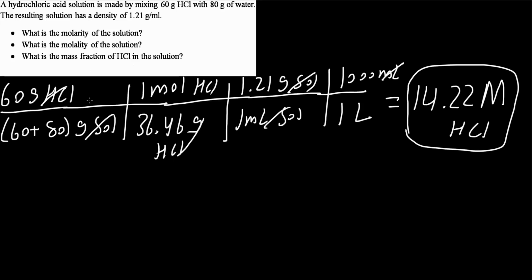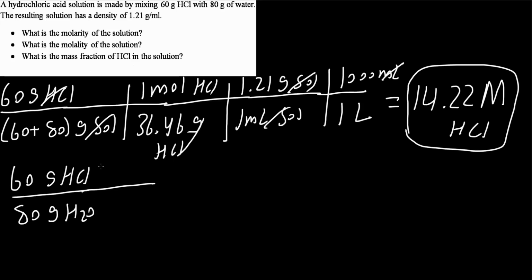Molality is moles of HCl divided by kilogram of solvent. So we have 60 grams of HCl, but this time it's going to be the solvent, not the solution. So we can say 80 grams of water, H2O, which is the solvent.